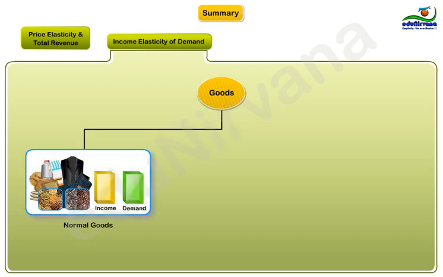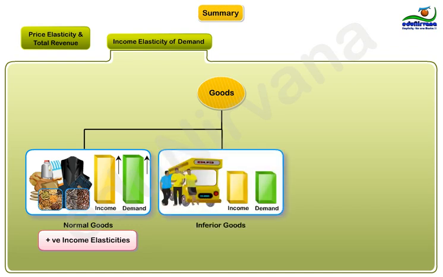Normal goods, like food and clothing. Higher income raises quantity demanded because quantity demanded and income move in the same direction. Normal goods have positive income elasticities. Inferior goods, like bus rides. Higher income lowers the quantity demanded because quantity demanded and income move in opposite directions.